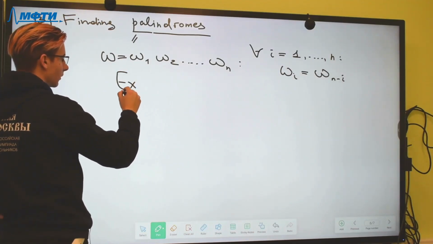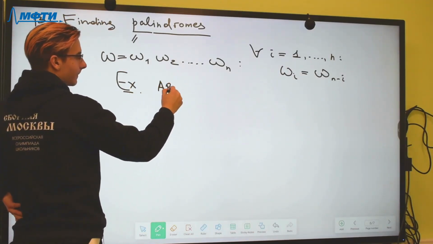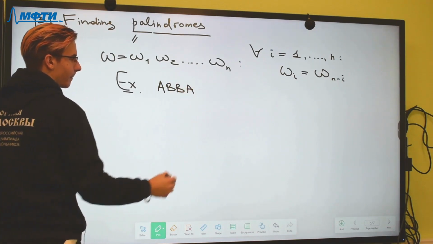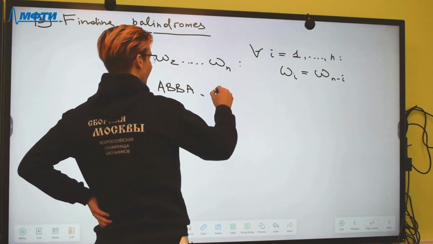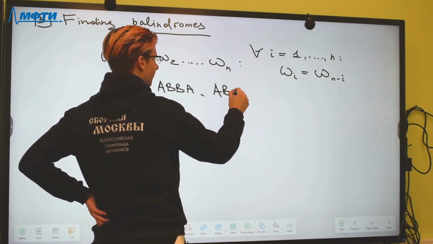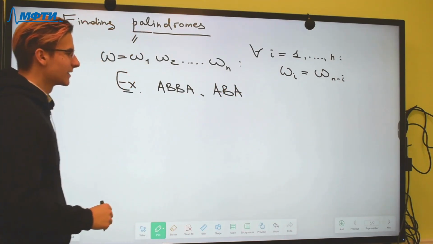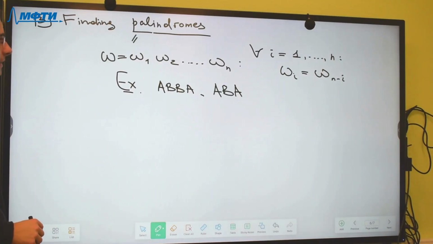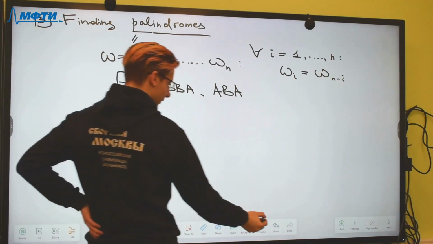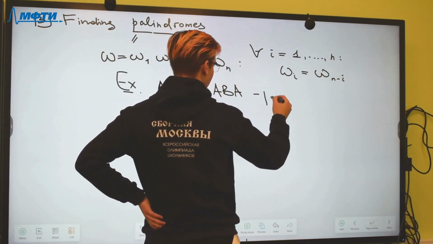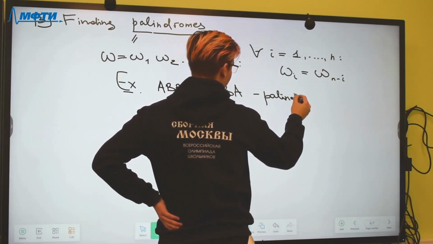But we can do this in linear time, right? To understand whether it is a palindrome or not. But now we want to find the maximum subsequence that is a palindrome. Palindromes.